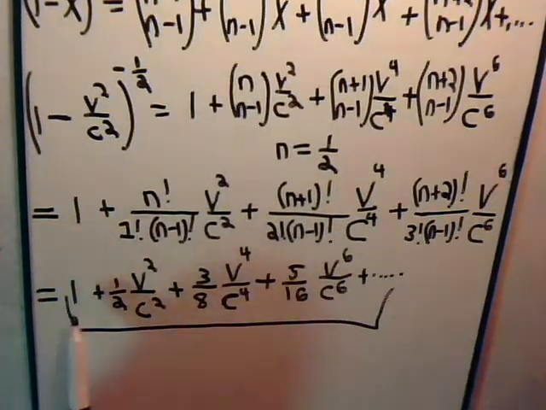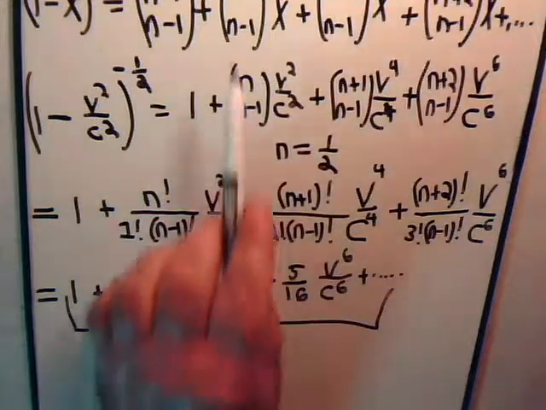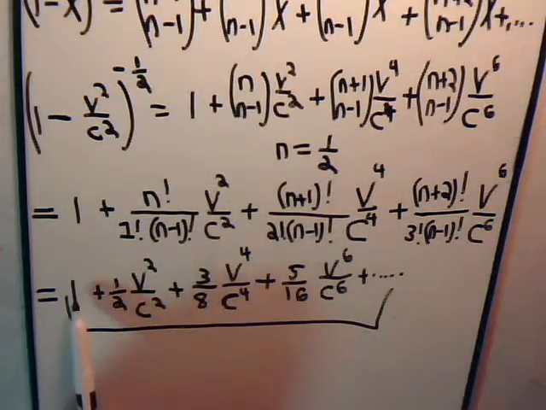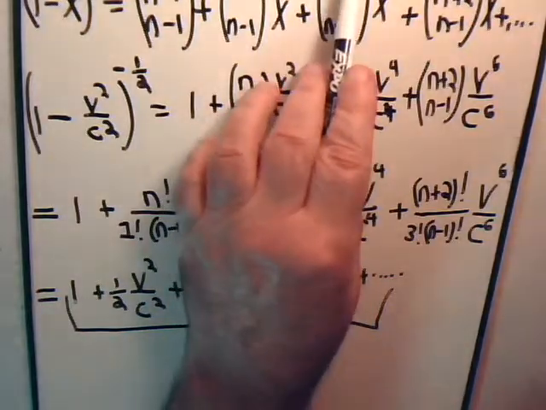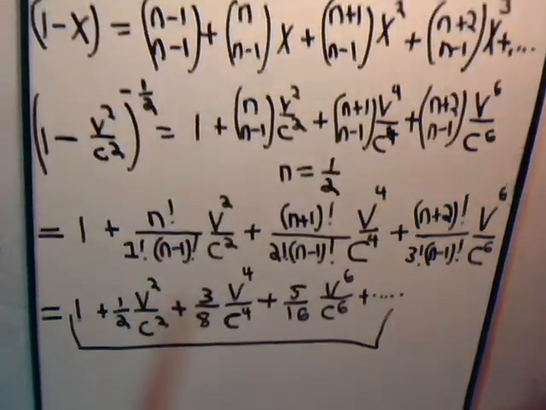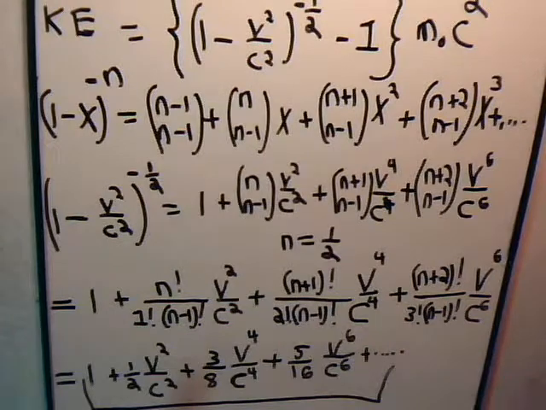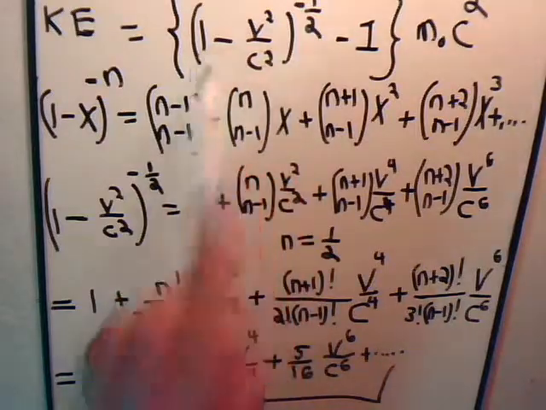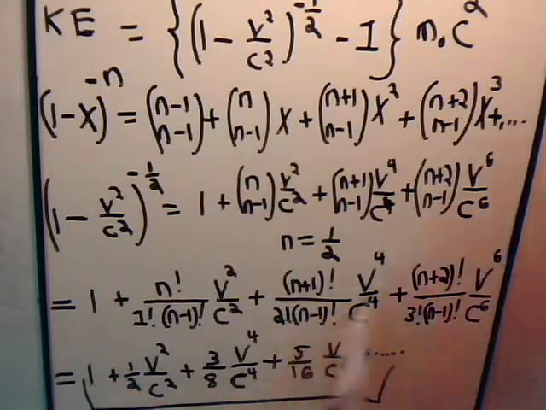Now we're going to put this in here, and this will substitute for this, so this 1 will cancel out this 1.